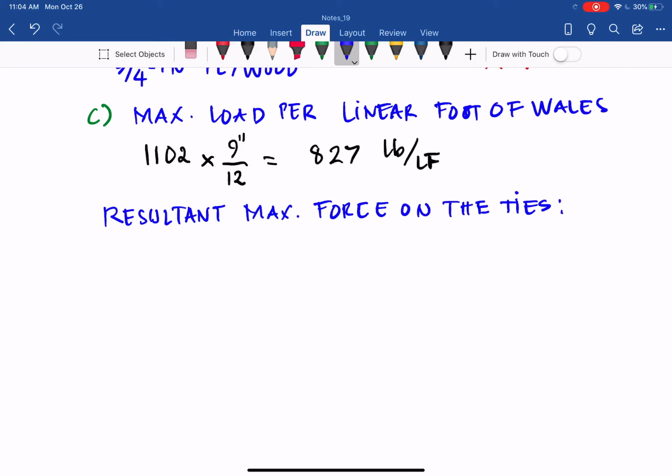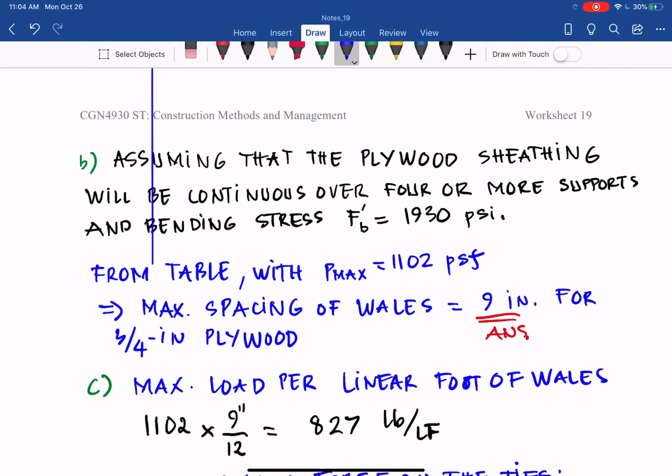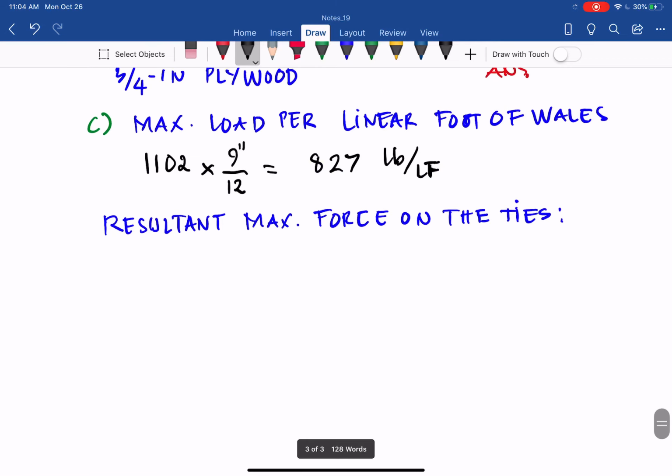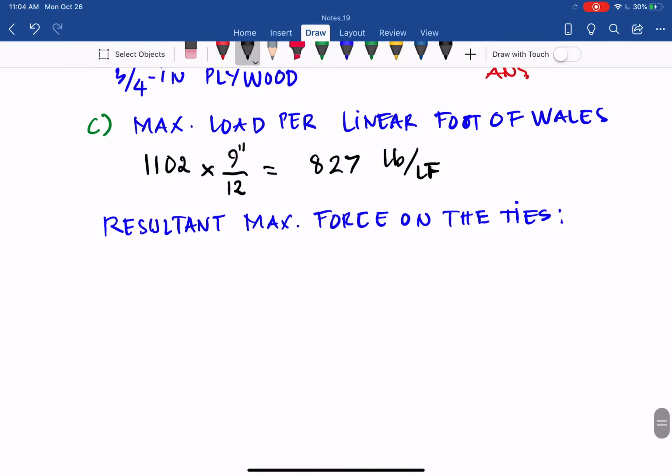And it equals the load per linear foot of wells times the on center.